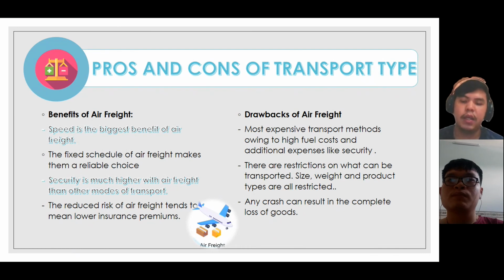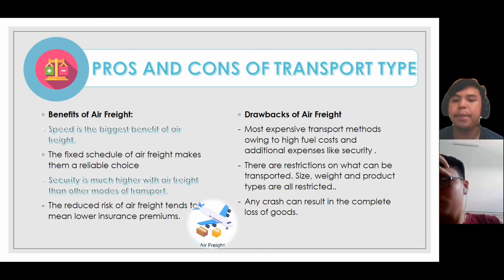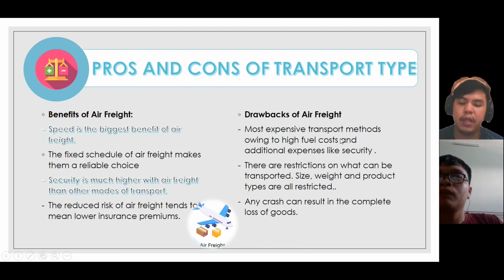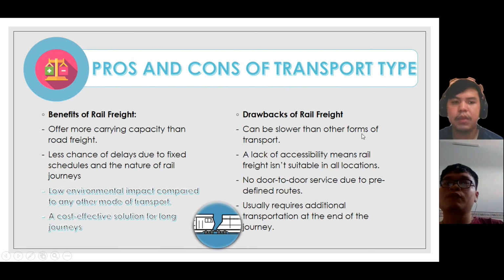The drawbacks it have is the most expensive transport method due to the high fuel costs and additional expenses like security. There are restrictions on what can be transported. Size, weight, and product type are restricted, and any crash can result in a complete loss of goods.